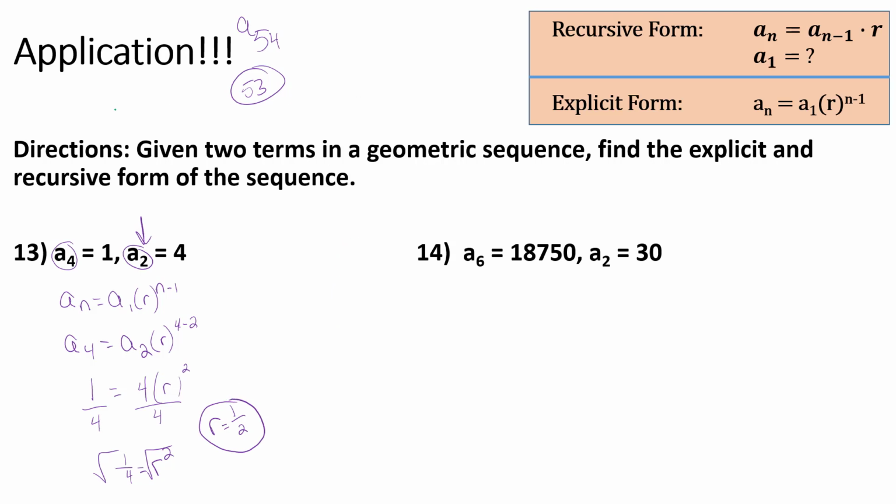Now, since a sub 2 is such a low value, we could certainly understand the process to think backwards for finding a sub 1. Or you can use the formula again, this time trying to find the value a sub 1. So I want to model that one. For this one, we might shortcut on the next. A sub 2 is equal to a sub 1 times the rate raised to the n minus 1.